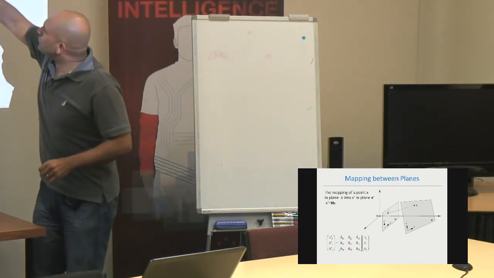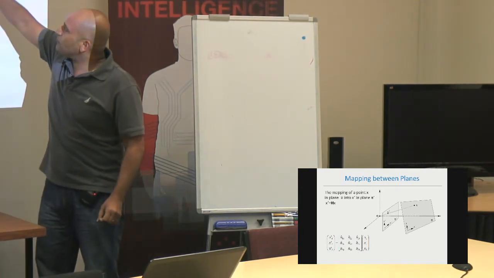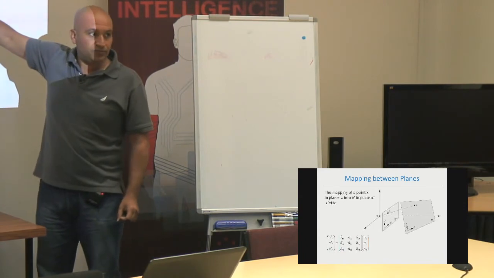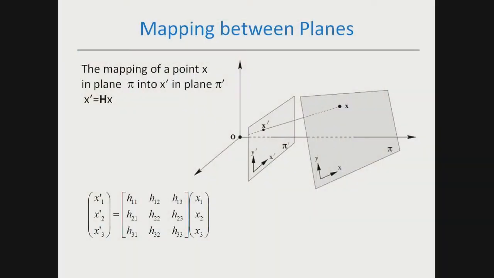It maps points from one plane into another plane. So if we have the plane pi, with coordinate system x, y, it would be mapped to a different plane with coordinate system x prime, y prime. This is what we call the mapping. So if we have x1, x2, x3, the point will be mapped by the transformation into another point.